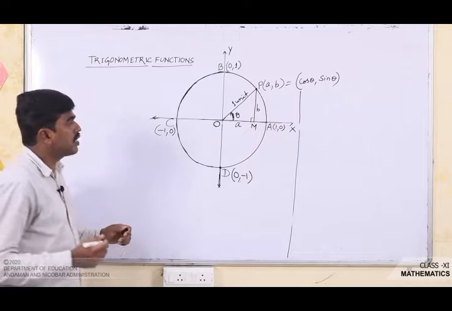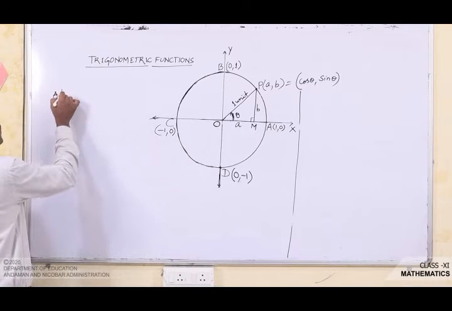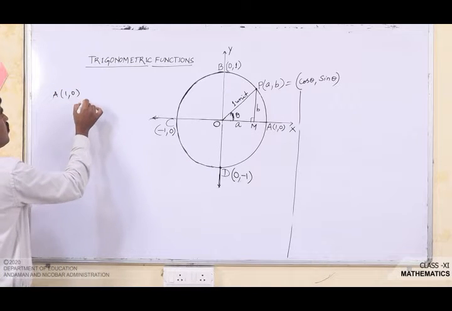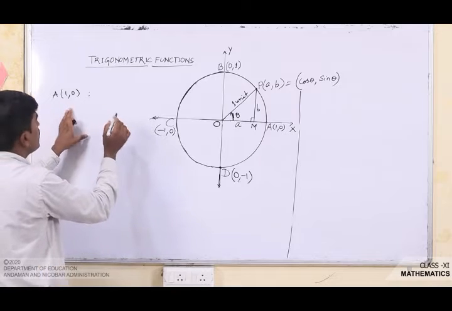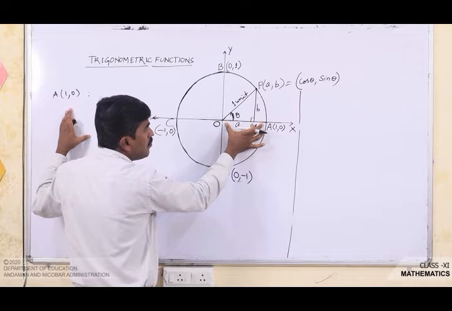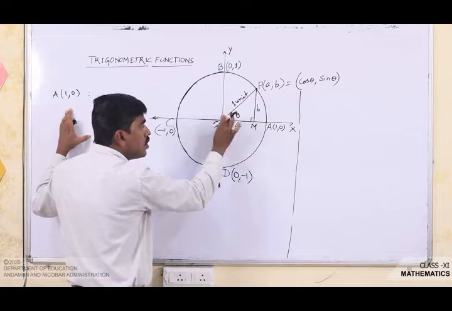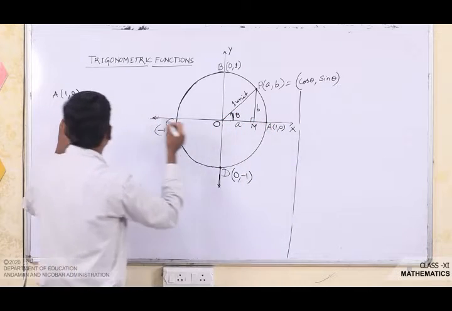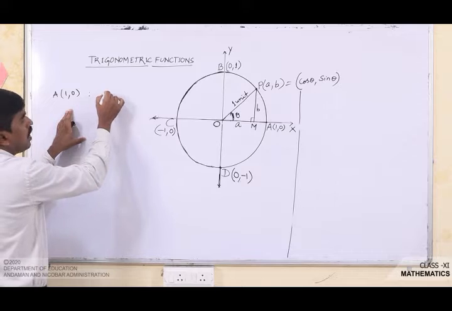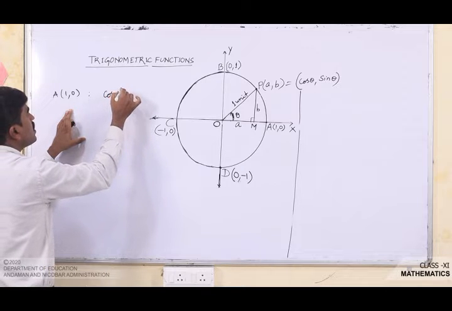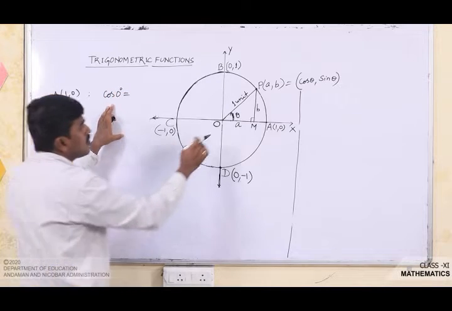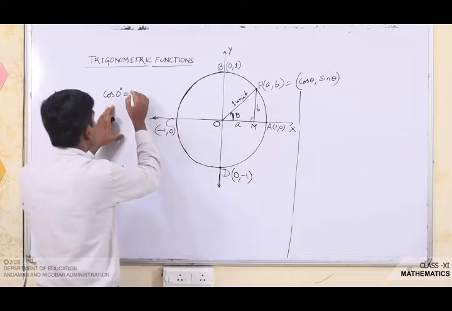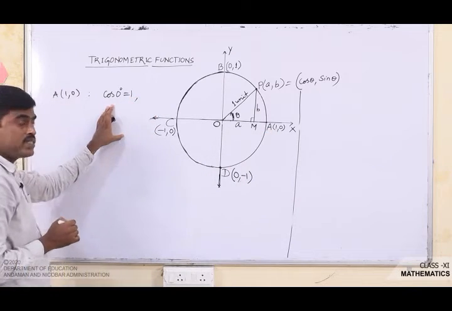So here the coordinates of the point A is 1, 0. As OA makes an angle 0 degree with OA, this point A is on the x axis. So we have cos of 0 degree is equal to, what is cos 0 degree then? 1. Why is cos 0 degree equal to 1?